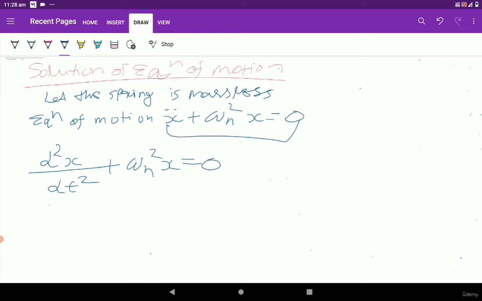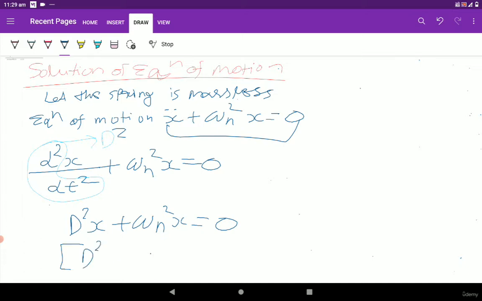Replacing d square by dt square with the D term, we can write D square x plus omega n square x equal to 0, that is, D square plus omega n square with x taken common. So this is basically a differential equation.